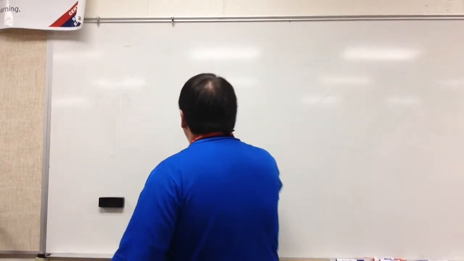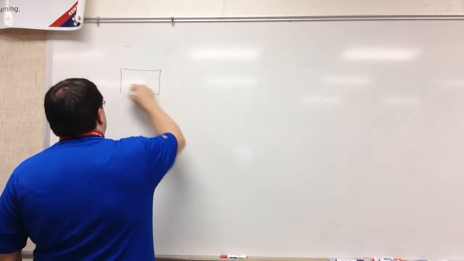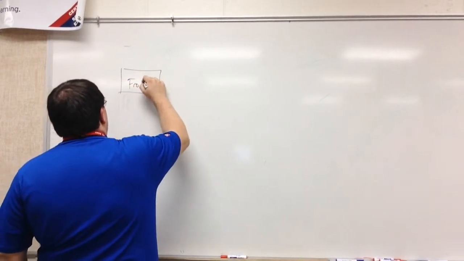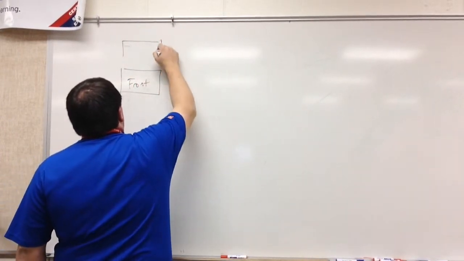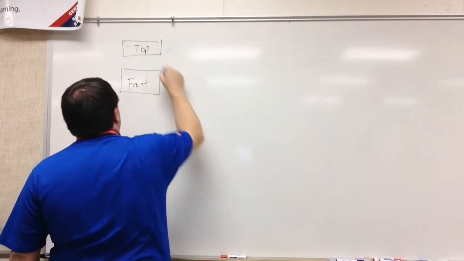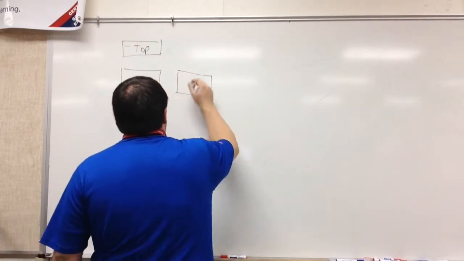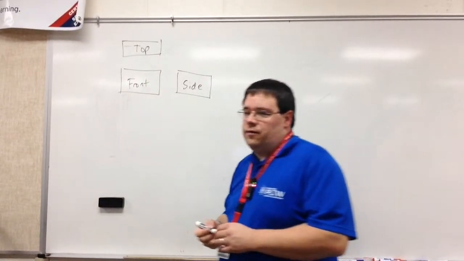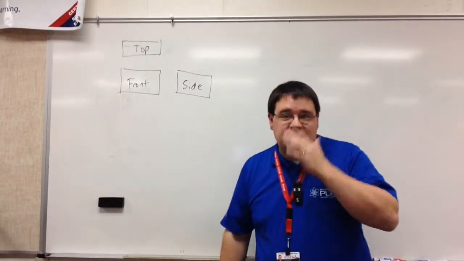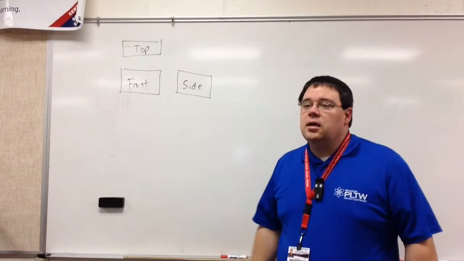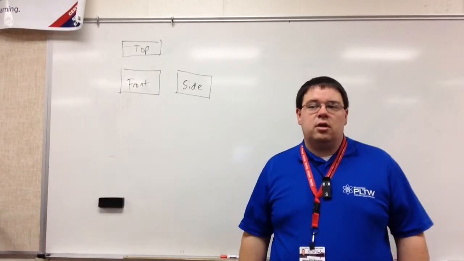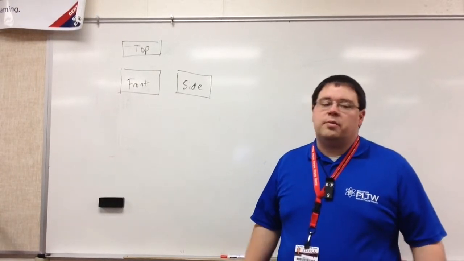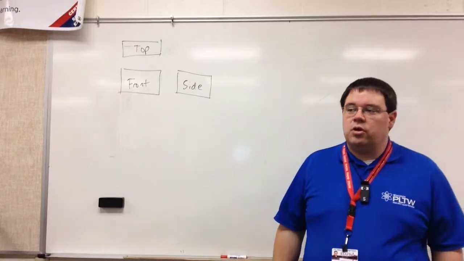We're going to do a front view. Directly above that, we're going to do a top view. And directly to the side of that, we're going to do a side view. So that set of three drawings is what we're most typically going to do for multiviews. There's some exceptions to that, but most of the time that's what we're going to do.